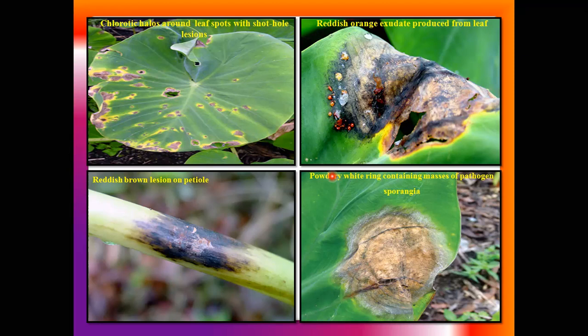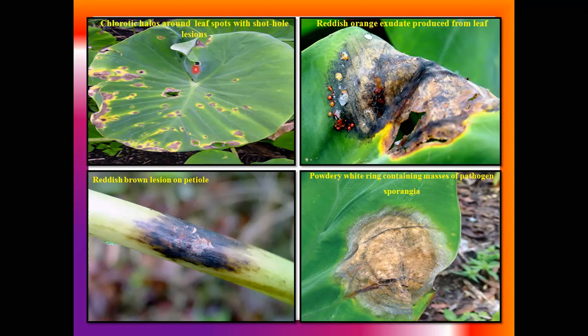Okay, now we see the actual symptoms developed on Colocasia by the fungal pathogens. This blight disease is seen in India mainly from the month of August up to September.